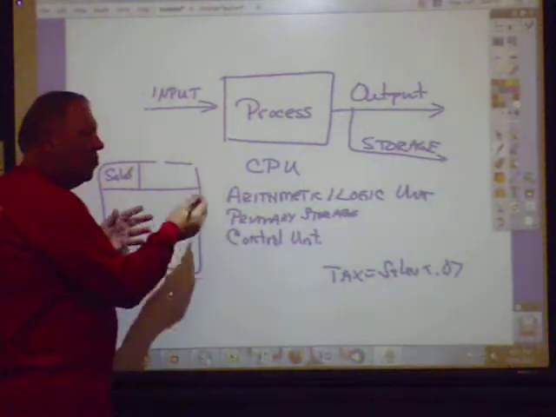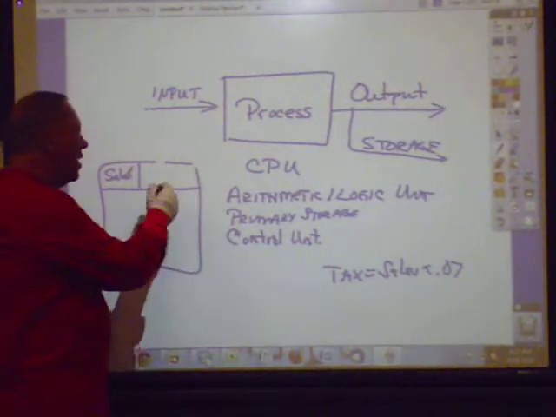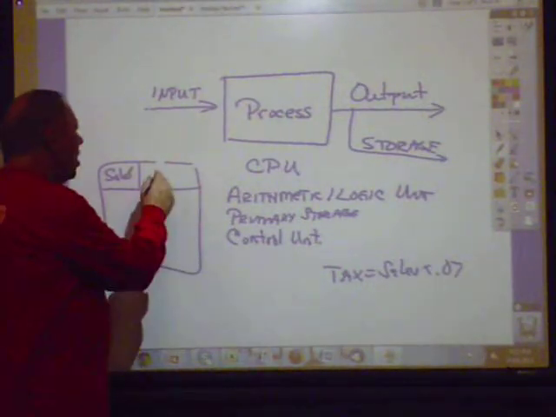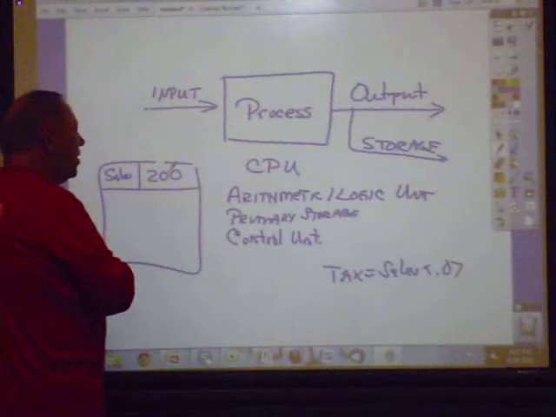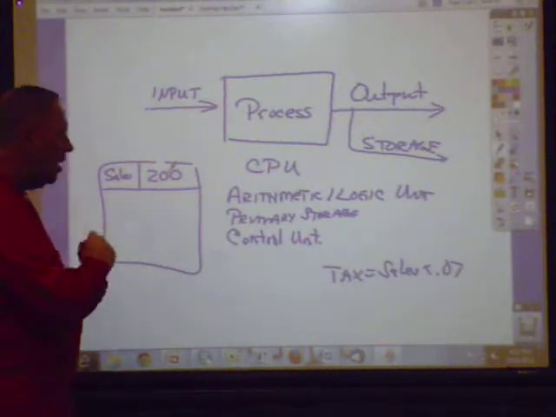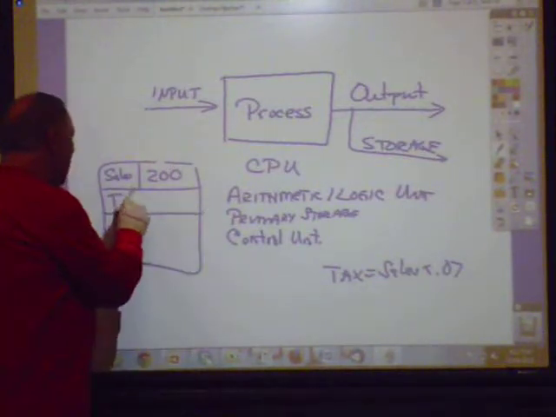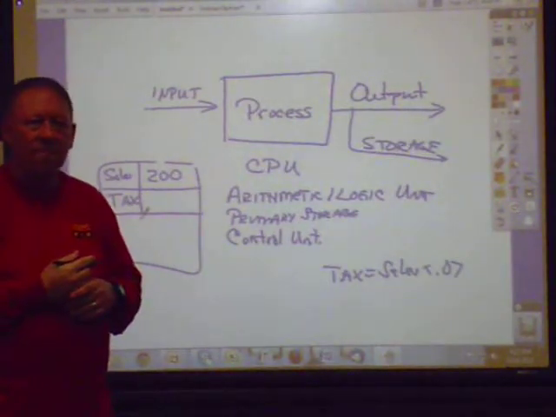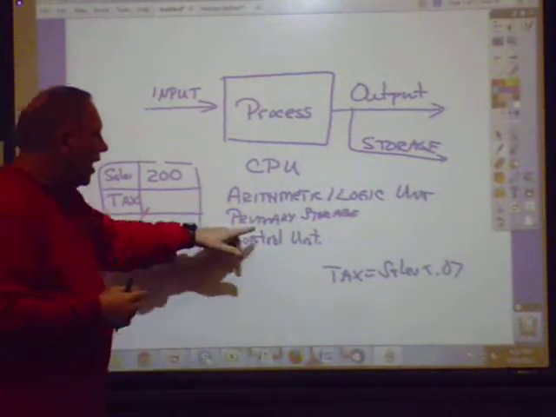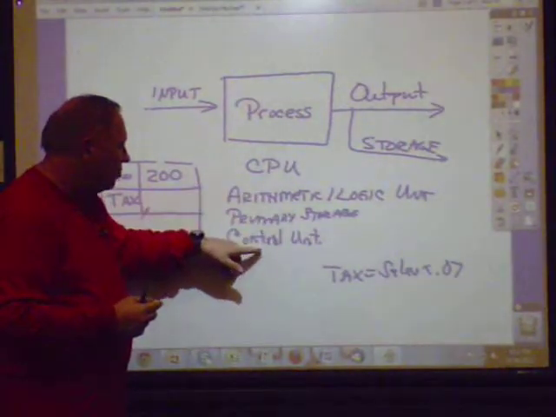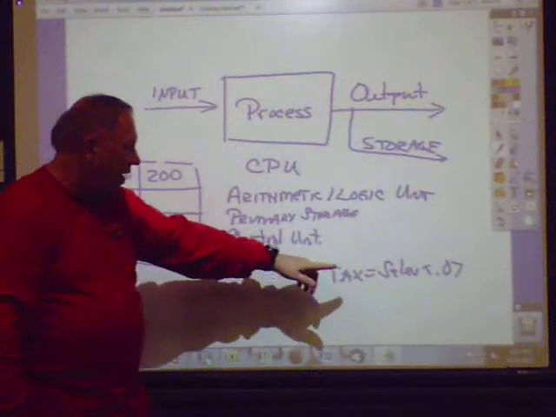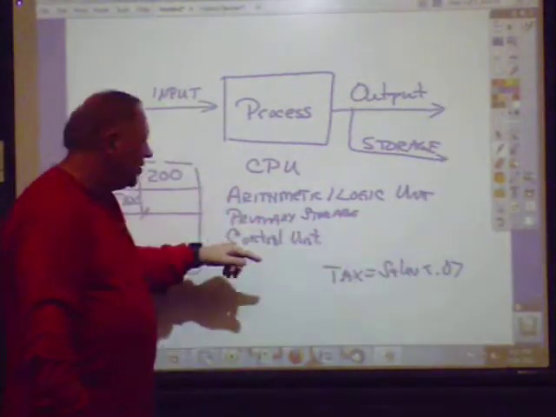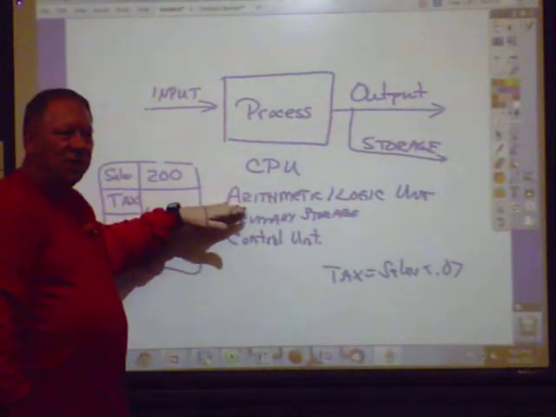It's just given it a name. And it's going to put in there what we said sales was, whether it was typed in or however it got in there. And let's say it was 200. And then we've got another place called tax. It doesn't have anything in it yet. So the control unit's going to look at this statement and say, okay, we need the value of sales and we need to send it to the arithmetic logic unit.